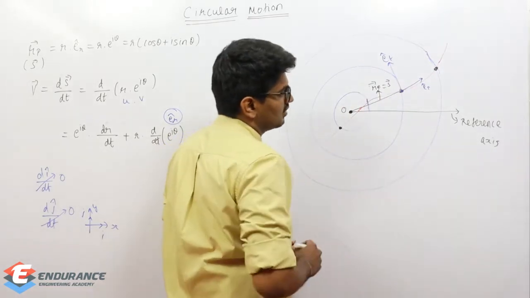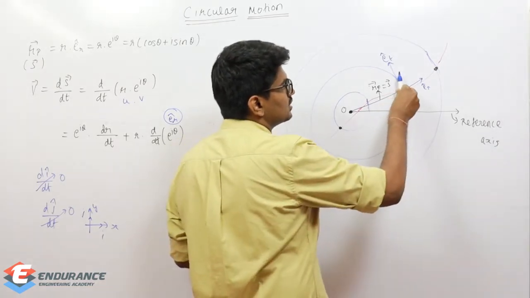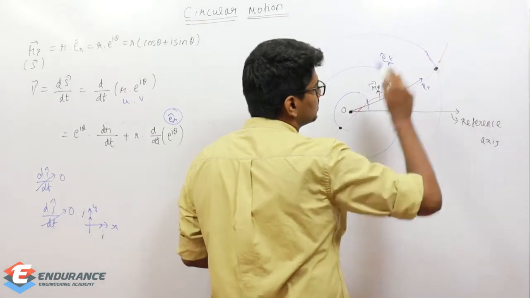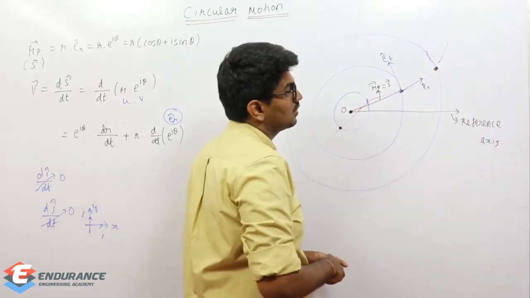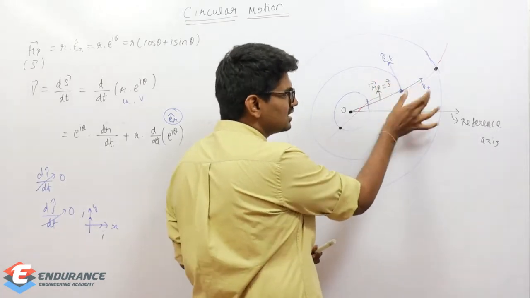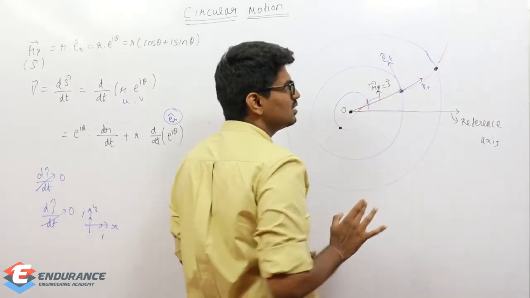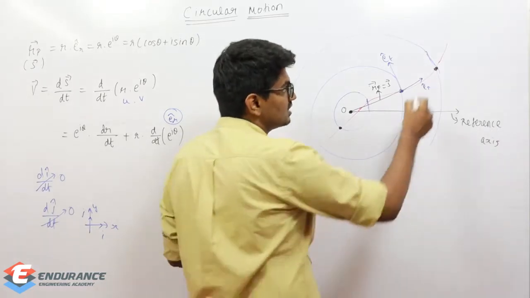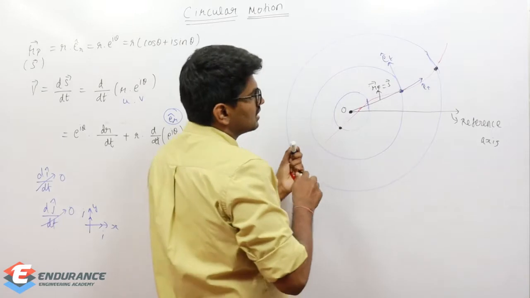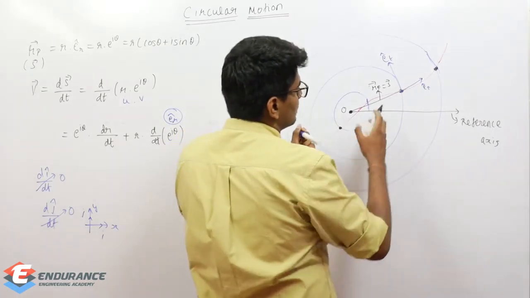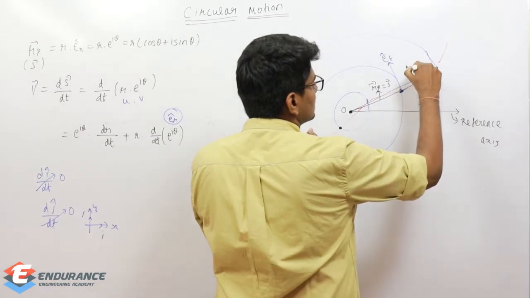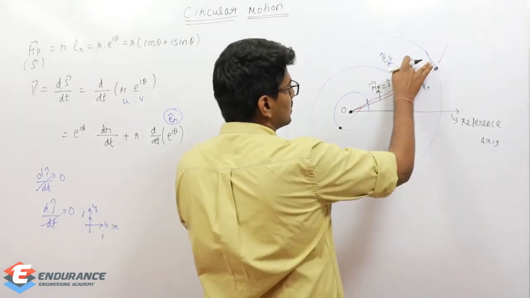Now the position of the particle varies. For example, let us consider it is moving in this way and the particle reaches this point. Now what about er cap and et cap? Do they still remain in the same position, or do they vary? Of course they vary. For the new position, first I need to find the position vector, so I join these two. This represents my rp vector.